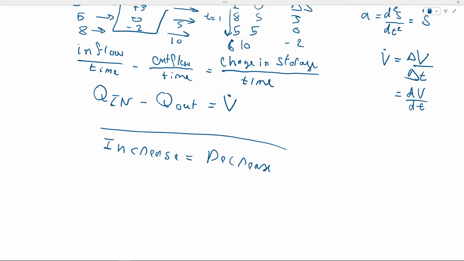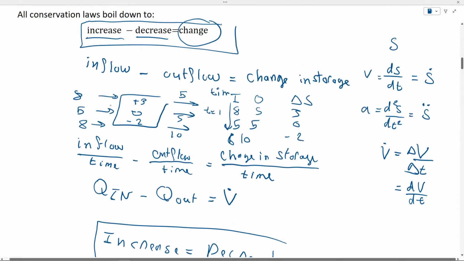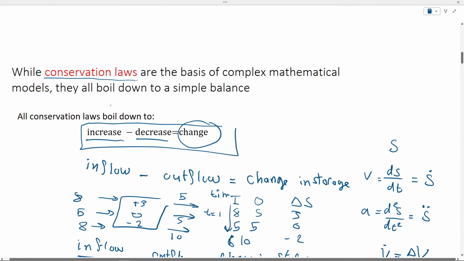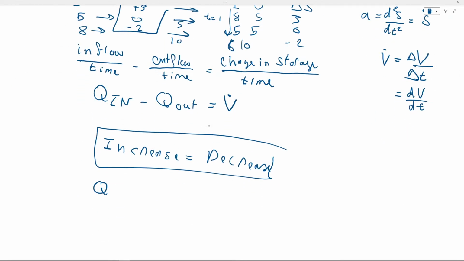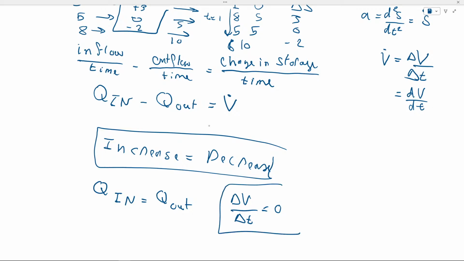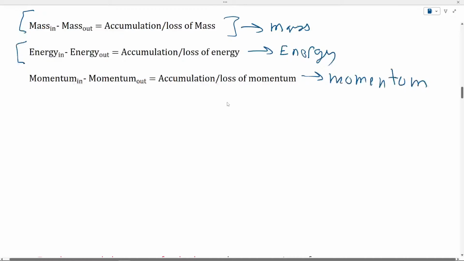If Q in is equal to Q out, this means that the change in volume with time is equal to 0. There's no change. This is basically what it means.